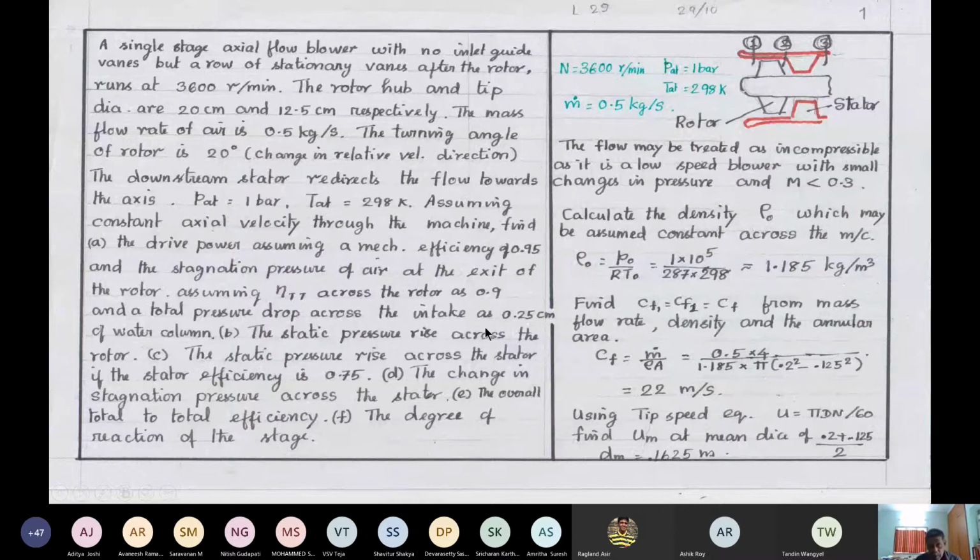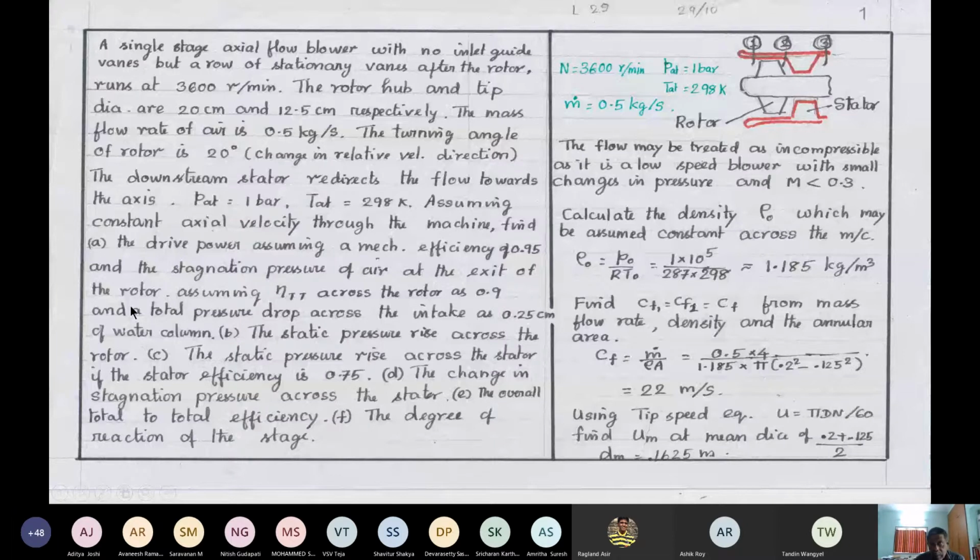The static pressure rise across the rotor. The pressure rise across the stator. Degree of reaction of the stage. So many things are there.